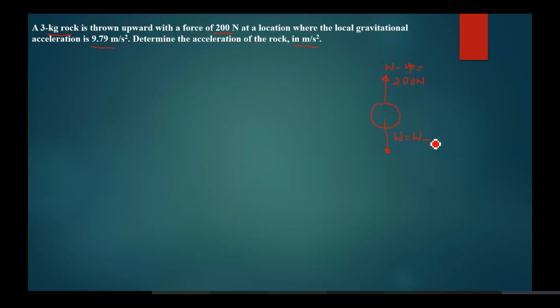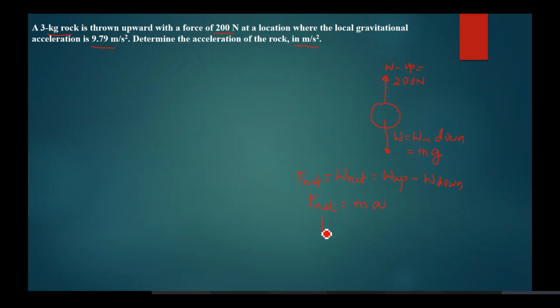W down is basically nothing but mass multiplied by g. This is the weight down, and you know the net force would be W up minus W down. This would be the net force acting on it, and you know that net force is equivalent to mass into acceleration.